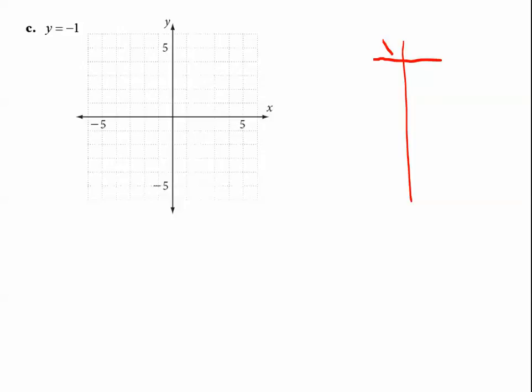Alright, in that case, again, I'm going to make a little table. But this time the y is defined as -1 only and only -1, so it has to be -1 all the way down for the y values. The x values, doesn't matter.